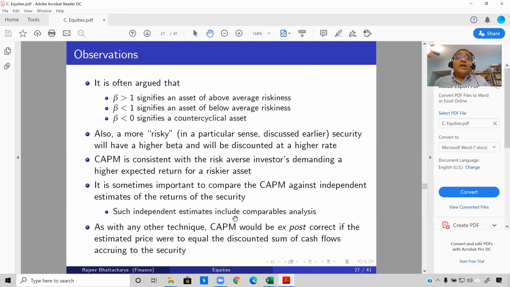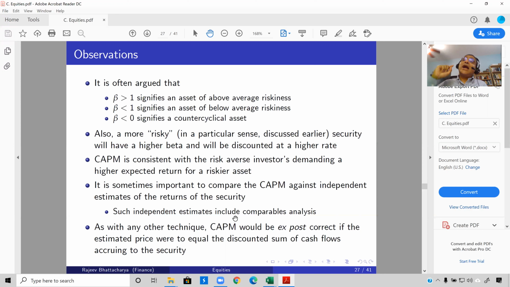However, to keep in mind, if we call beta a measure of riskiness, you have to be very careful, because it is not riskiness per se, it is how it co-moves with the market. So it's riskiness in the sense that you cannot diversify away from.